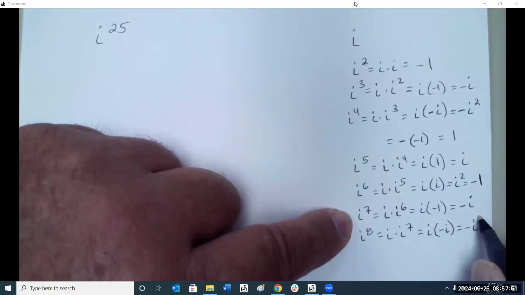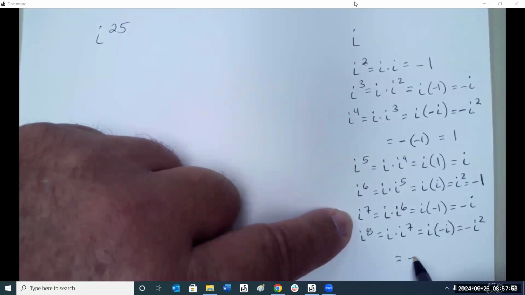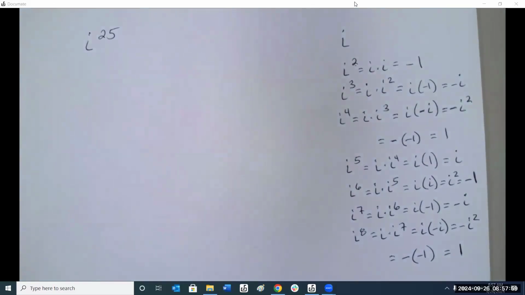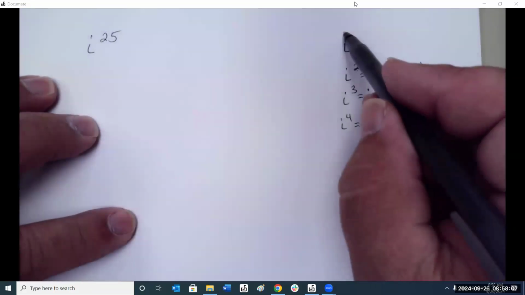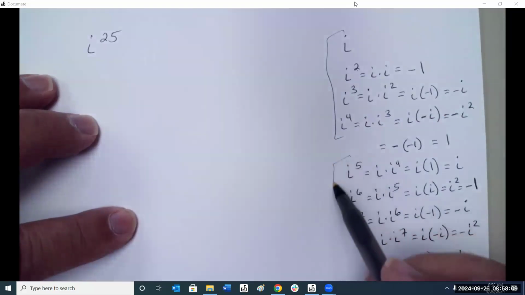So we have negative i squared. i squared is -1, so it equals 1. It repeats itself. It repeats itself in groups of 4.